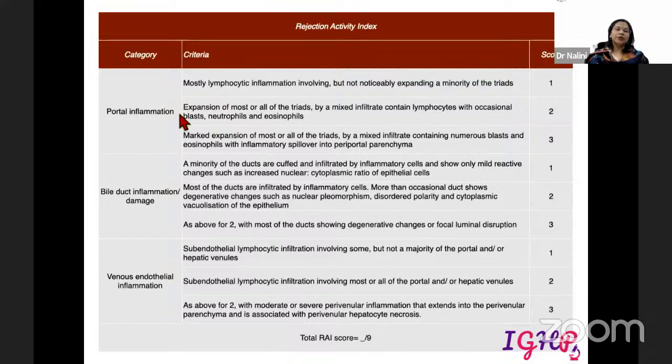Now, as I mentioned previously, there is a triad of things that you are going to look into. One is your portal inflammation, bile duct inflammation, and finally the venous endothelial inflammation. These are the three things that you are going to assess, and for each of these three parameters, we have a three-grade system, 1, 2, and 3. When we move from 1 to 3, the degree of activity increases.